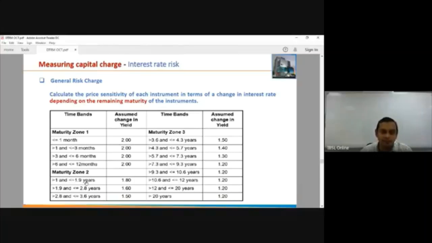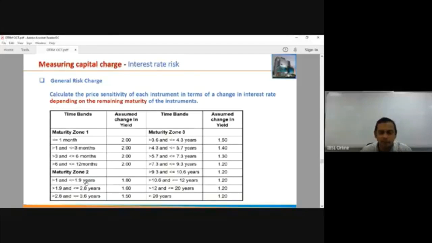And remaining maturity is 10 months. So you multiply your face value with the yield rate of 10% and the remaining maturity of 10 months. Then you get the mark-to-market value. Say your mark-to-market value is 90 rupees.